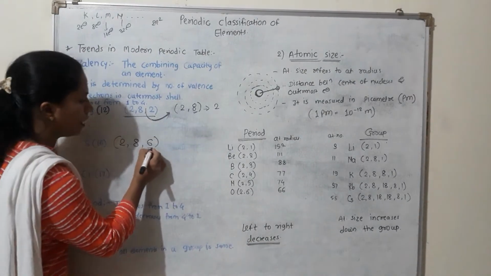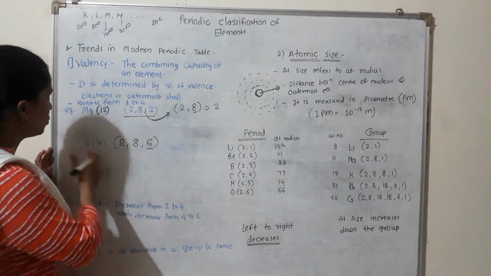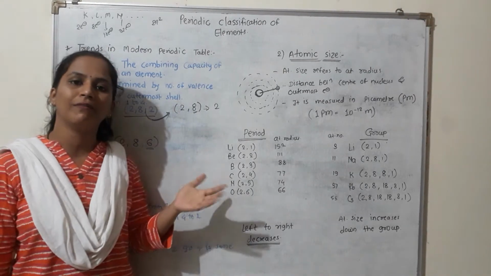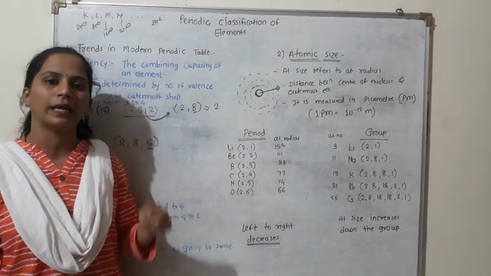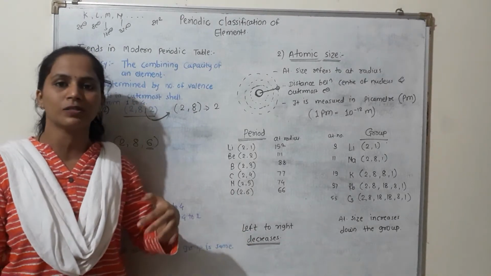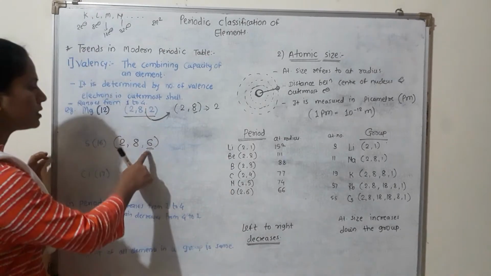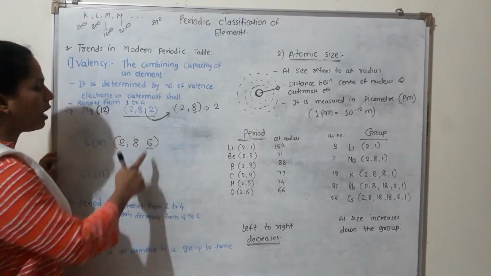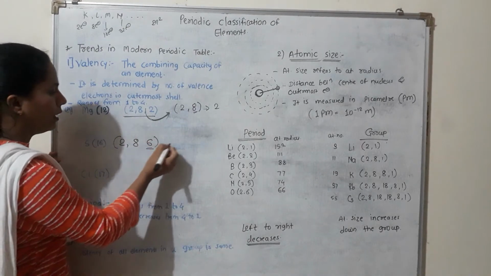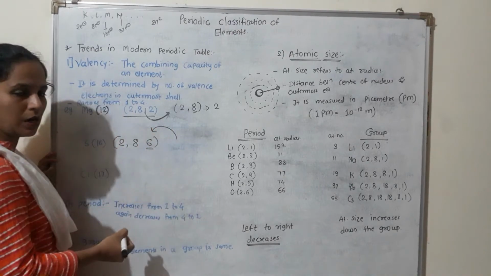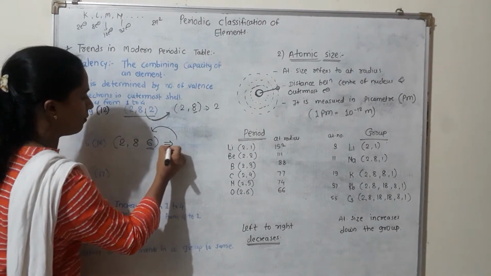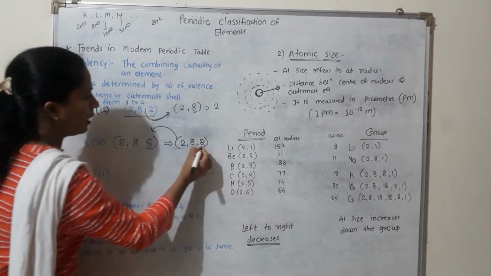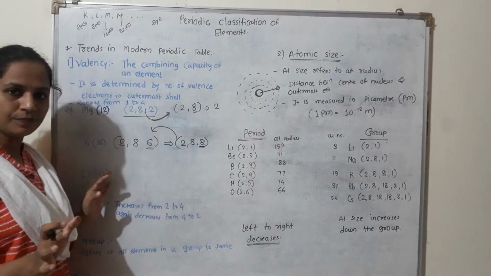Here 6 electrons are present in the outermost shell, so sulfur cannot give these 6 electrons because the limit for giving or taking is 4 electrons. Then how will it complete its octet? It takes 2 electrons from the surroundings and the new electronic configuration becomes 2, 8, 8. Now its octet is complete, so sulfur is stable.